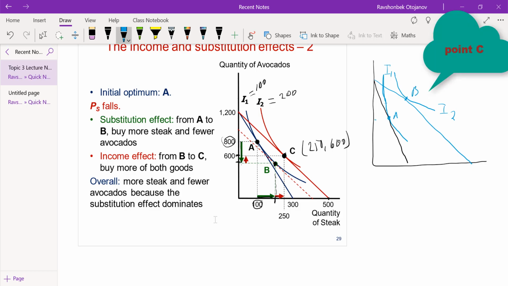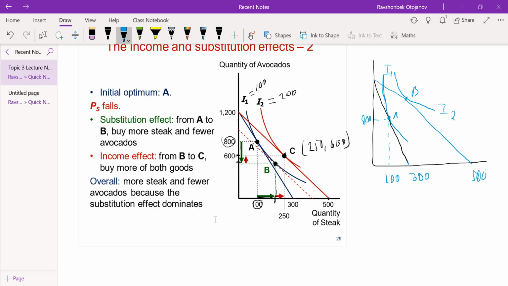Notice what happened here: this is the original quantities with 800, so nothing changed with the old budget line. Now with the price decrease, giving Russell an increase in purchasing power, Russell's optimal point moved to point B. That's going to give him a higher amount of, let's say, 1000 units of avocados, and let's say 300 units of steaks.